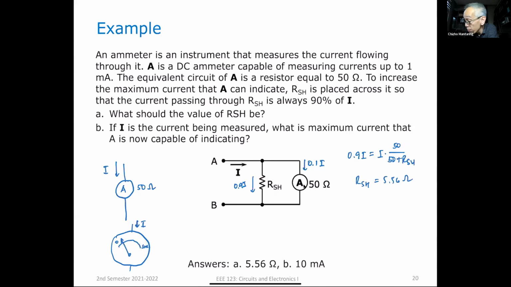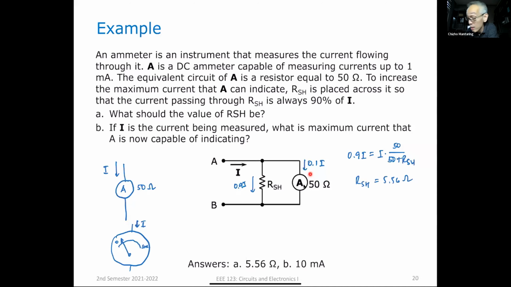But now, because of this resistor, I can get as much as 10 mA flowing. 9 mA will go through RSH and only 1 mA will go to my 50 ohms.